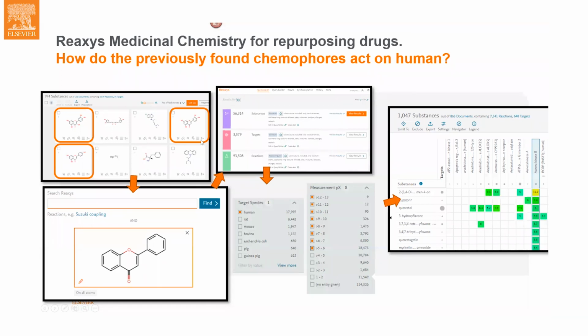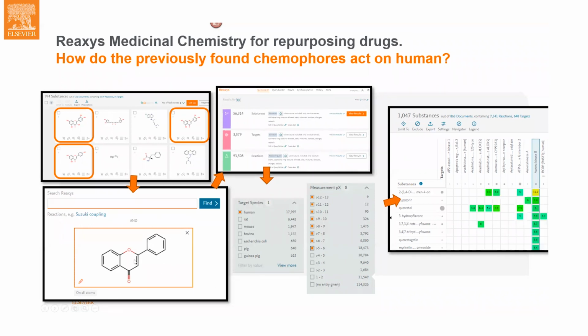What else can you do? We can come back to Reaxys, and we almost already discussed this workflow. You can search for some chemophore. You can draw it by yourself or extract it from your search results. The key point is that you have to start from the beginning, from the search, from the chemophore.